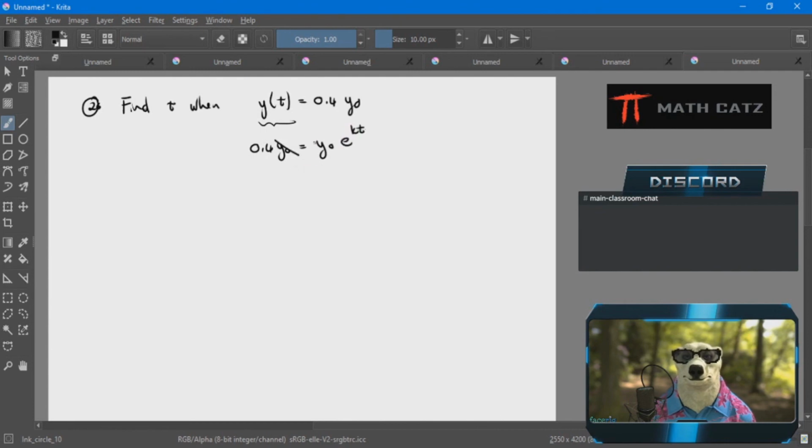And again, I see the y zeros cancel. I don't need to know how much exactly there was. It's all relative. So I have 0.4. So same process, kt is then natural log of 0.4. So t is natural log of 0.4 over k. And I just have to make sure I use the most accurate k I can, coming from the half-life formula.